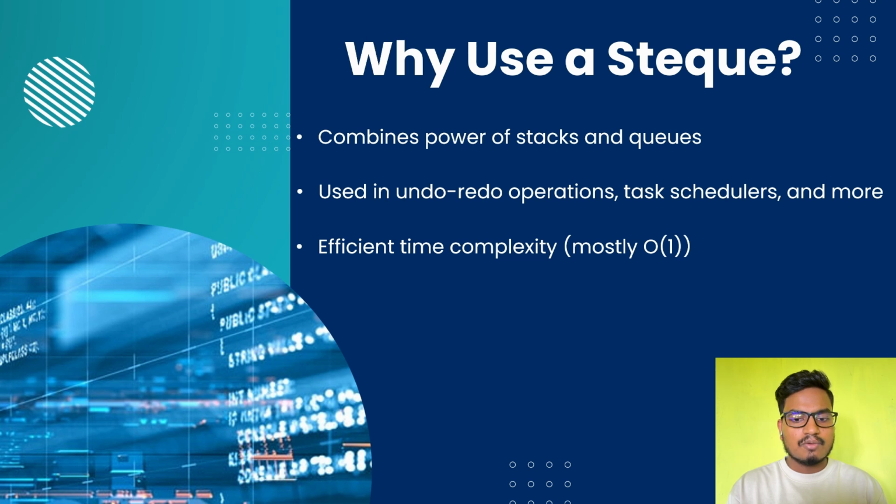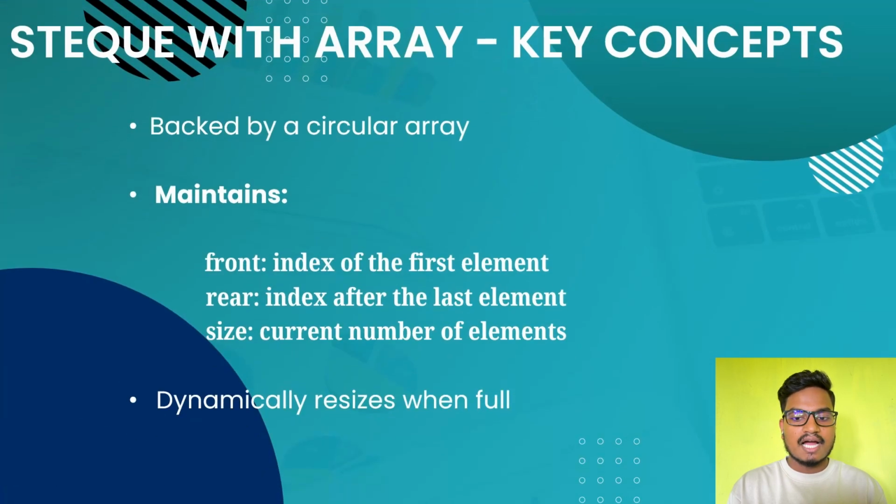And the best part, operations like push, enqueue, and pop all run in constant time, known as O(1), or fast O(1). This means it doesn't matter if you have 10 items or 10,000, it takes the same amount of time to do this operation.